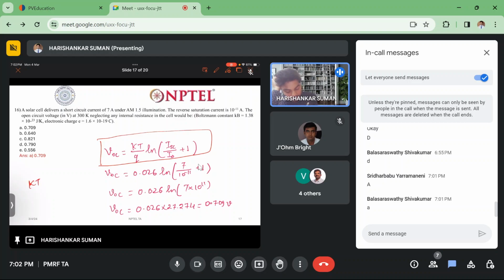And kT by q at room temperature, or at 300 Kelvin, equals around 0.026. So please put these values in. Okay, I think everyone gets the answer.